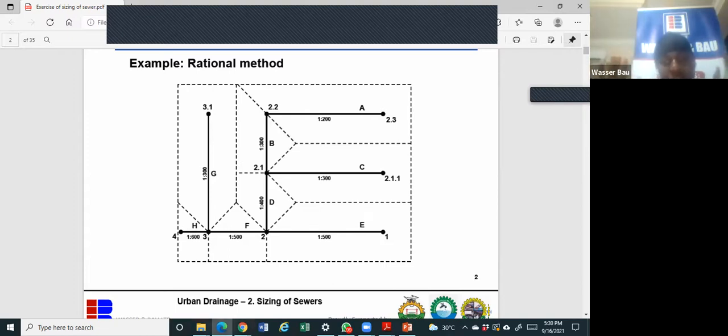The limitation is that when the size of the catchment is getting bigger, it means that the time of concentration is getting less accurate. It means the time it will take the flow from the furthest point to the outflow will be greater than 15 minutes. And anything that is more than 15 minutes is not contributing to runoff. I want you to just see it this way, that if water will flow overland for more than 15 minutes, half of it will infiltrate.